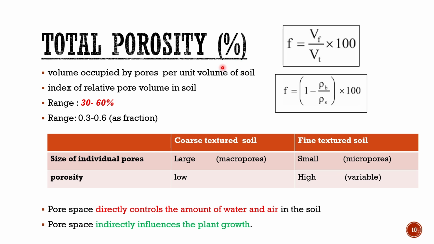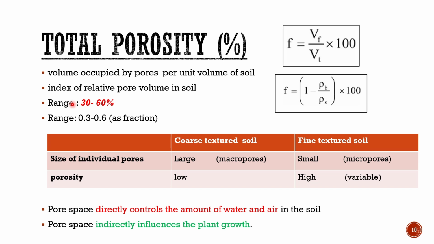So it is the index of pore volume of the soil. The word relative means in relation to something. That means, when compared to the total volume of the soil, how much volume is occupied by the pores. That is total porosity.